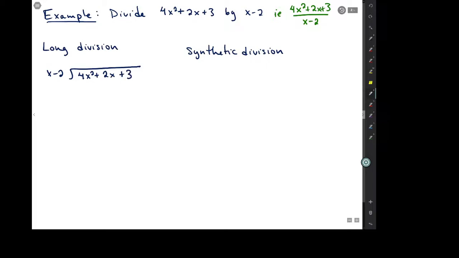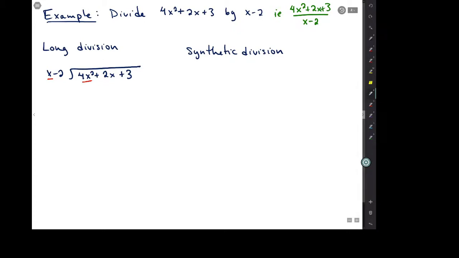So we start here a little bit differently than we do with regular long division. I'm just going to look at the leading terms of both of these expressions, and I'm going to ask myself, what do I have to multiply by to get that? So I take x, and I say, what do I have to multiply x by to get 4x squared?